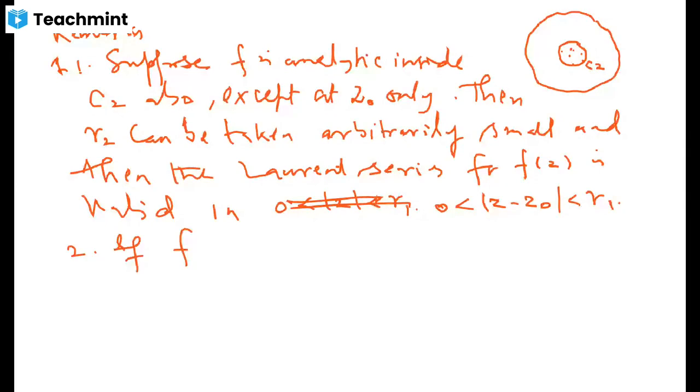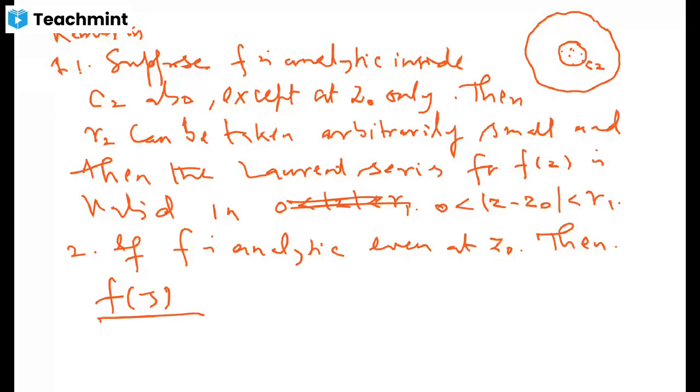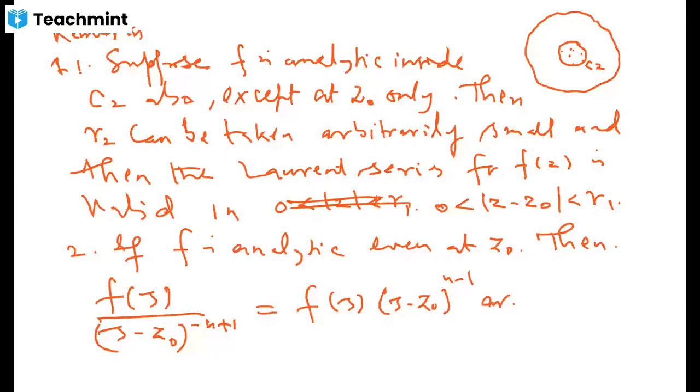If f is analytic even at z naught, analytic inside C2 and also at z naught, then f of zeta upon zeta minus z naught to the power minus n plus 1, which is actually f of zeta into zeta minus z naught to the power n minus 1, are analytic functions inside C2 also.